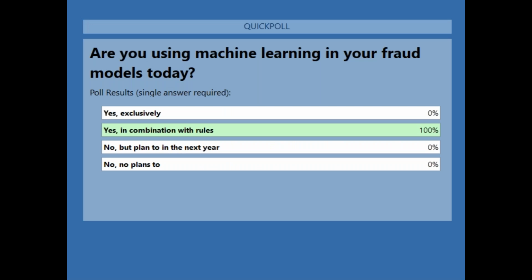Okay, so for those who responded, it looks like they are using machine learning models in combination with rules today. Is that consistent with what you're seeing across your customer base, Sarah? Yeah, definitely. Like I said, whenever possible, people are moving more towards that kind of model.